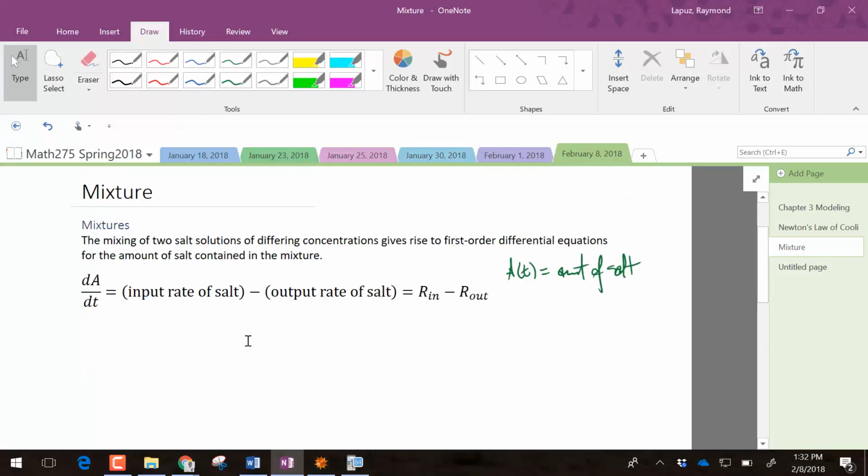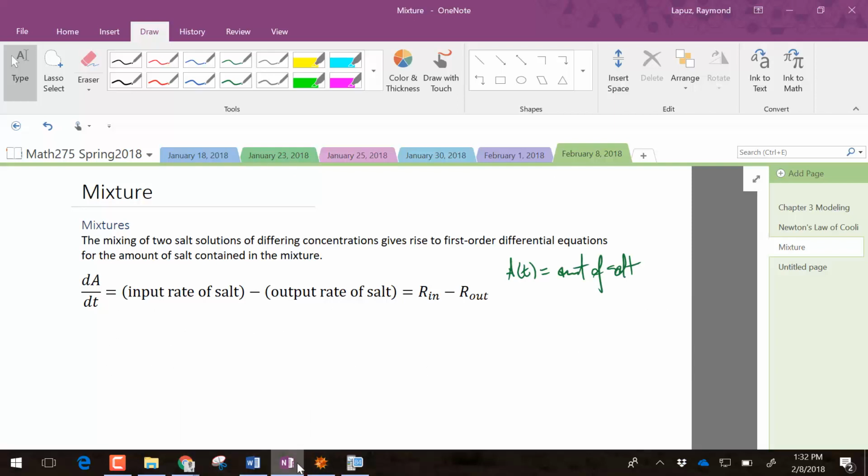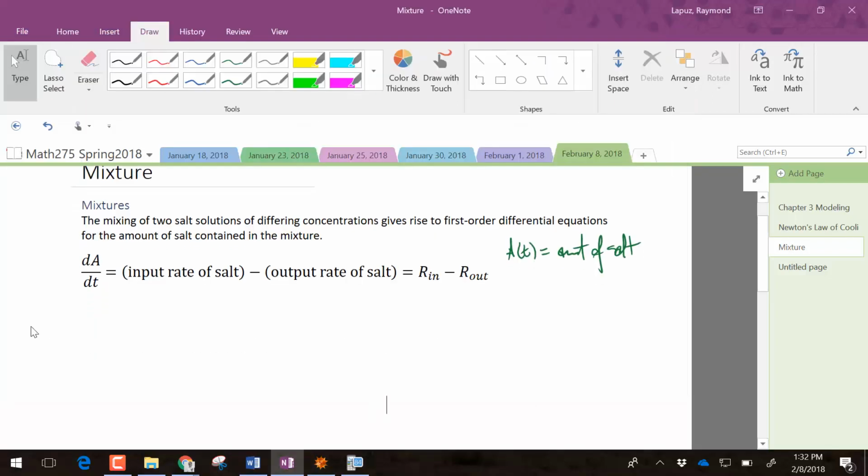Ooh, I better just get it from the book. Wait. Oh, I can just copy and paste the actual text part.